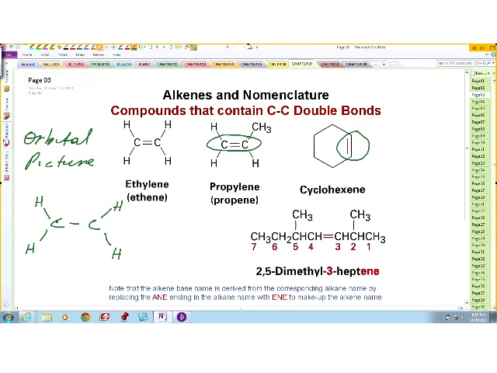Each one of these sigma bonds is a result of the 3 sp2 hybrid orbitals, which is to say that on each carbon we have a p orbital, and in that p orbital we have an electron in each one of them.